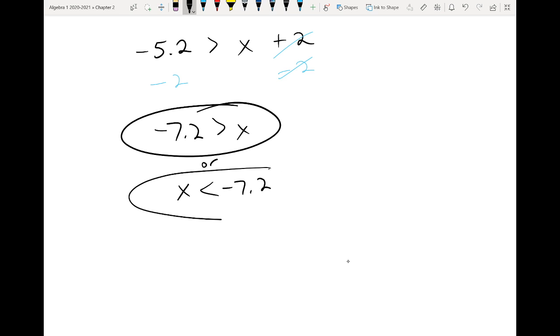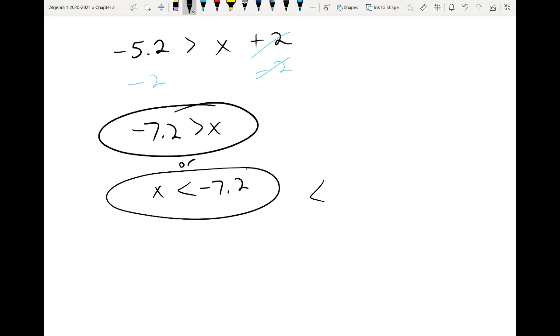Because let's say we had negative 10 right here. Negative 7.2 greater than negative 10 is true. I would have to flip the sign to demonstrate that negative 10 is still less than negative 7.2 as soon as I flip which side that is on. So that's why we have to do that.